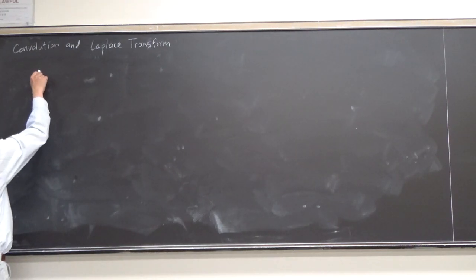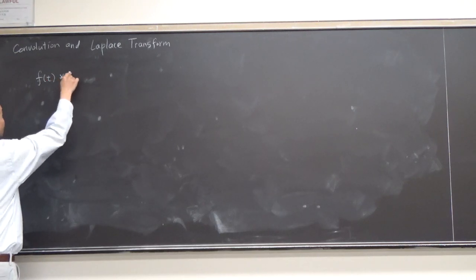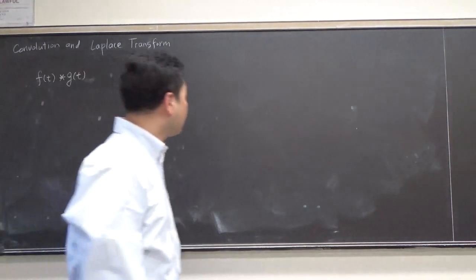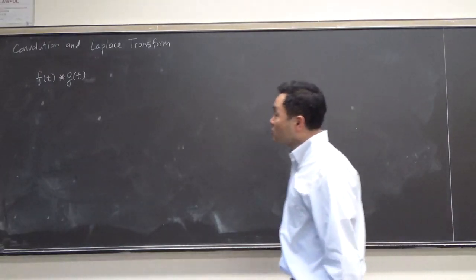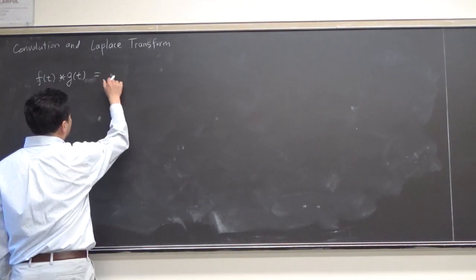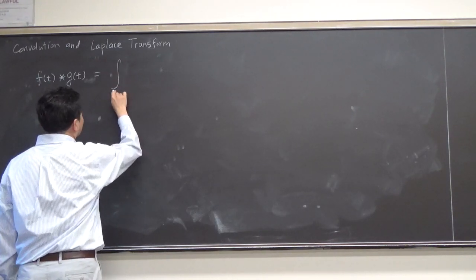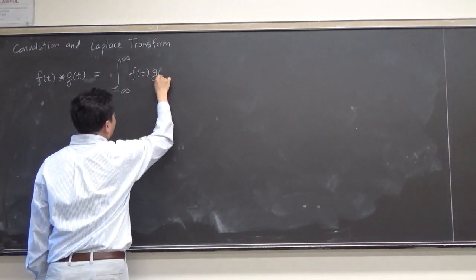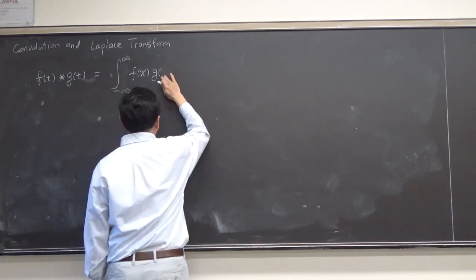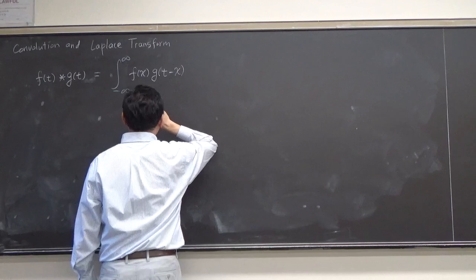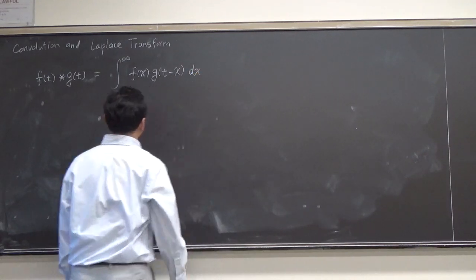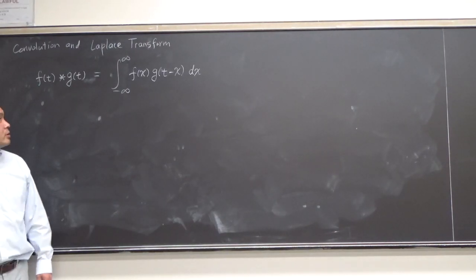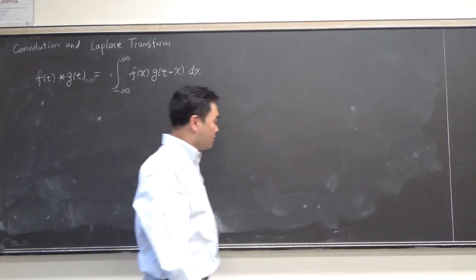If you have a function of t and another function of t, the convolution of the two is the following integral: the integral from negative infinity to infinity of f of x times g of t minus x dx. That's called a convolution.